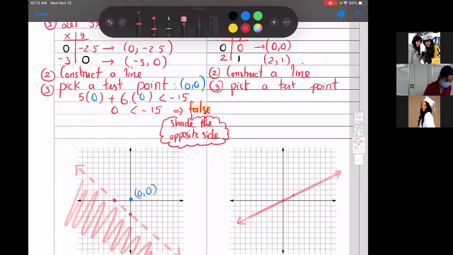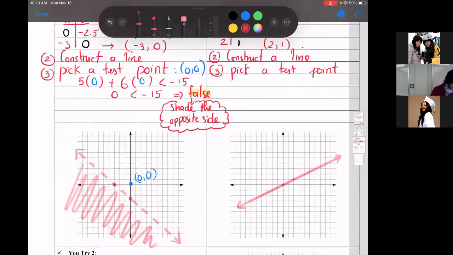All right, pick a point. Anyone tell me what you want to pick? 4, 2. Where's 4, 2? Go right 4, and then go up 2. It's too close to the line. Can we pick something else? 4, 3. Because 4, 2 looks like it might be on the line, which I don't want.